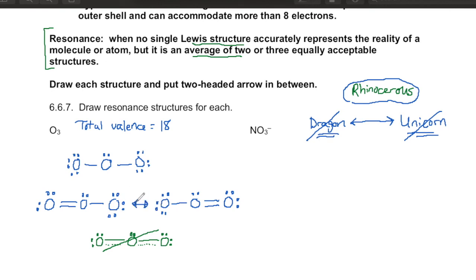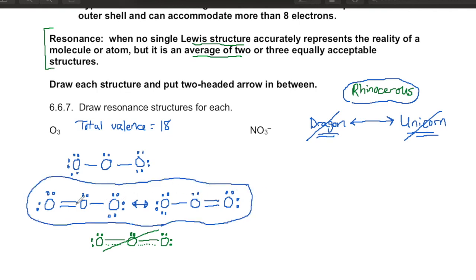So the real structure is in between these 2 possible Lewis structures that you can draw. This is really the best way we can represent the ozone molecule using Lewis dot structures, is to draw both of the possibilities and then put an arrow in between.